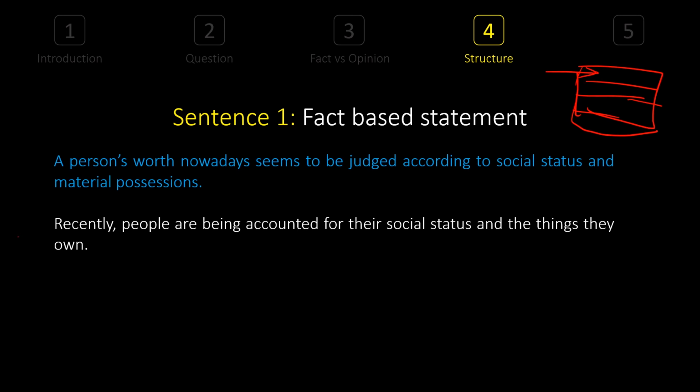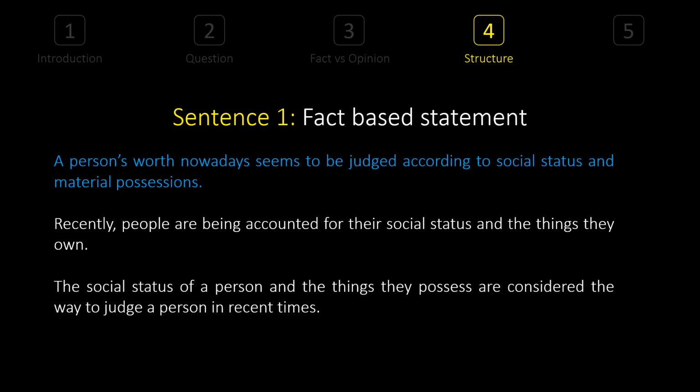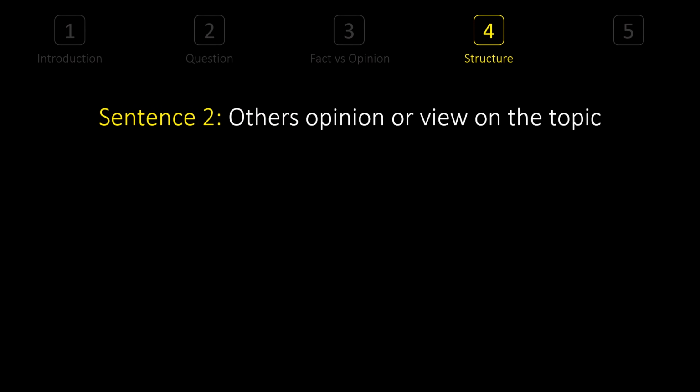I just paraphrased the same thing, trying to make it look as if I'm introducing the fact, not the whole essay. Or the social status of a person and the things they possess are considered the way to judge a person in recent times. I'm trying to write the fact in a different way. That's it. This is also called paraphrase. I hope you understand.